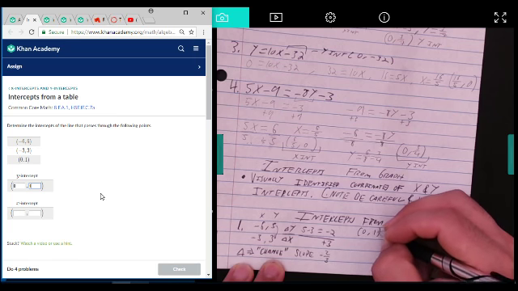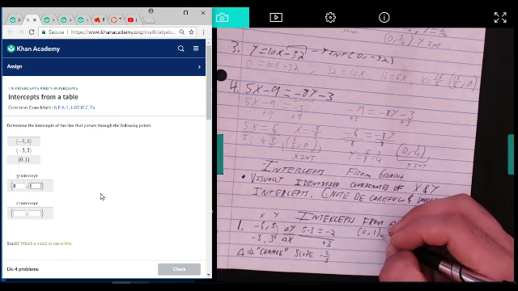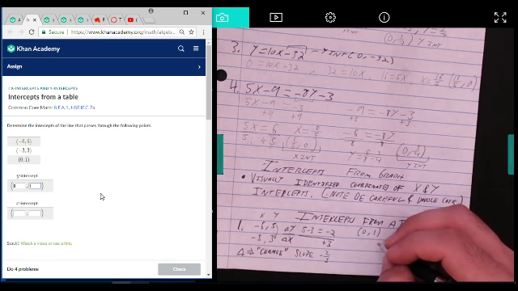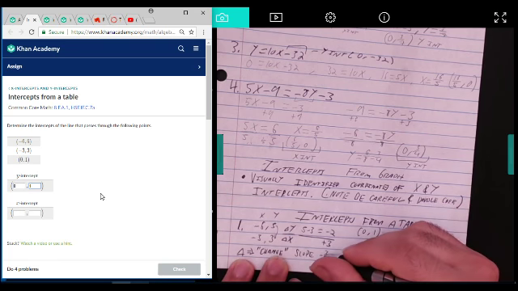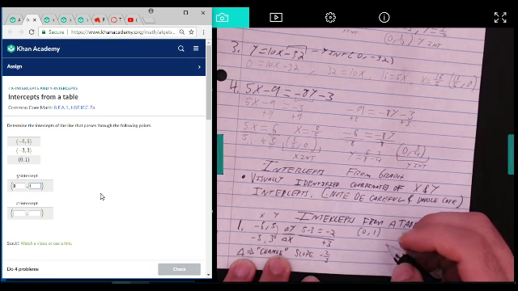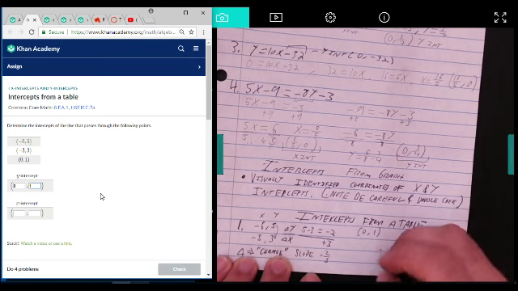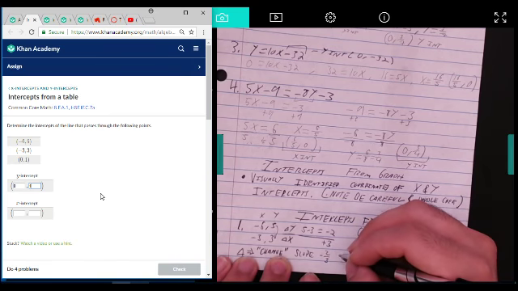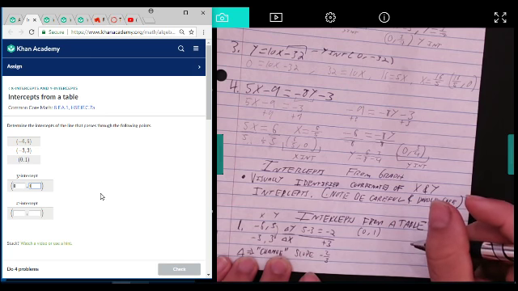We need to find the correct value to make y equal to 0, okay? So we have the change in y and the change of x. So whenever you have a decrease in y, you're going to have an increase in x.